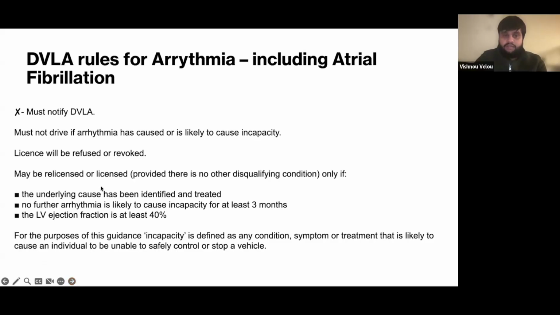Well, here are the DVLA rules on atrial fibrillation. It depends, basically. We need to know if he's ever had any syncopal episodes. It depends on his echo, and if there's any sort of incapacity. So basically, if he can't safely control or stop his vehicle, he must not drive.